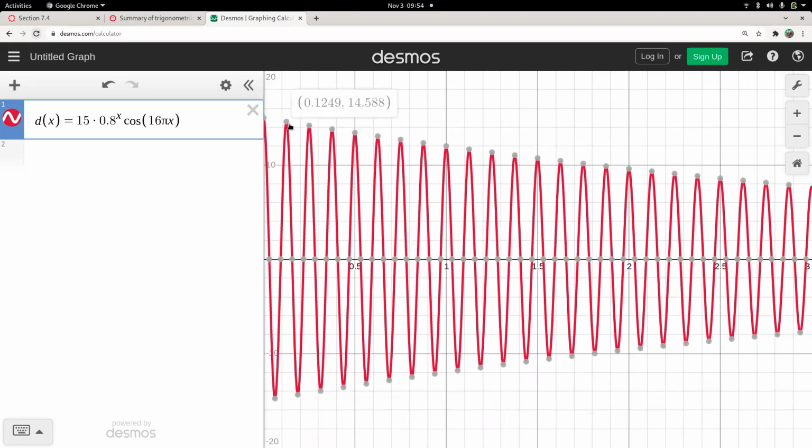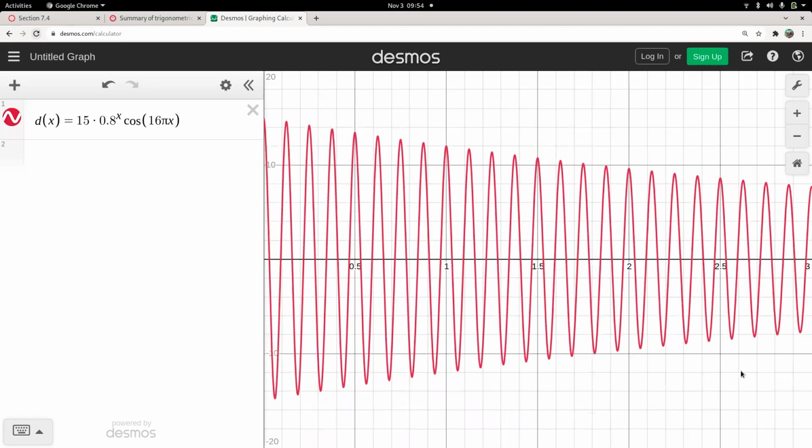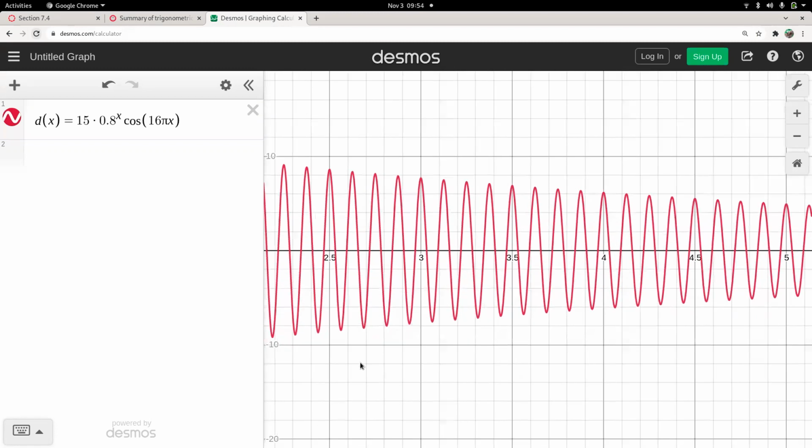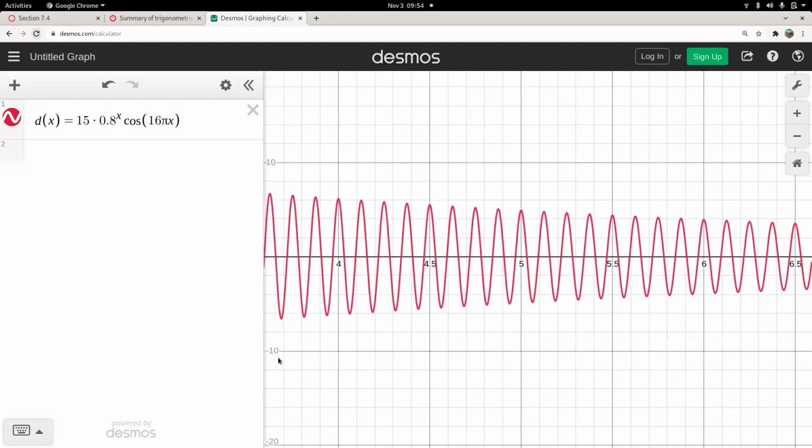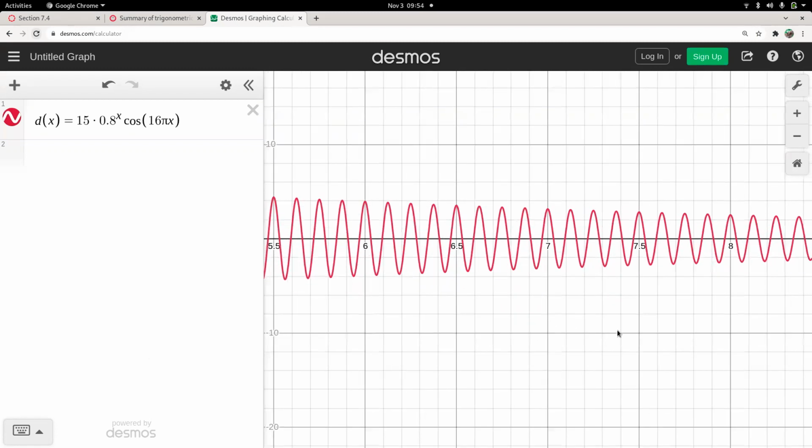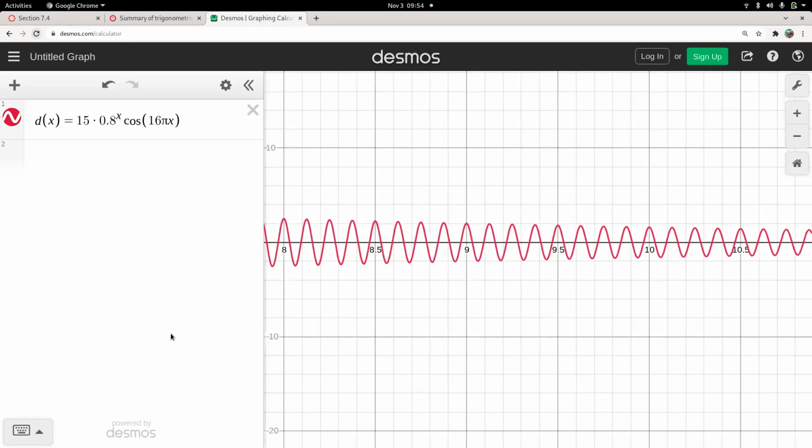Here's 1 second. I have 1, 2, 3, 4, 5, 6, 7, 8 oscillations in that 1 second. So there's my frequency. And that is dropping by 20% per second. And so that's just going to keep slowing down and slowing down until we hardly see it moving way out there.